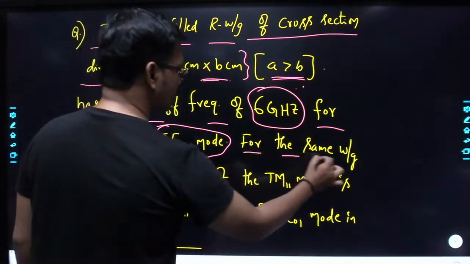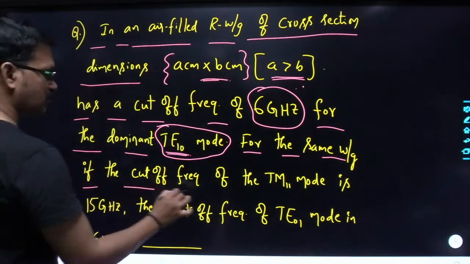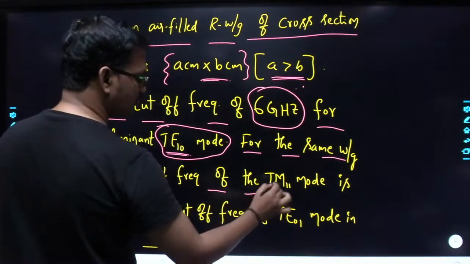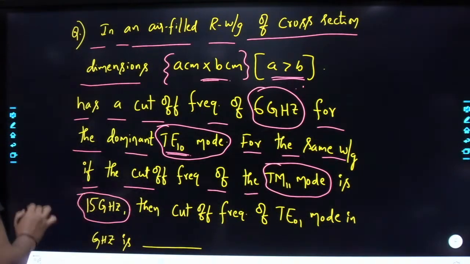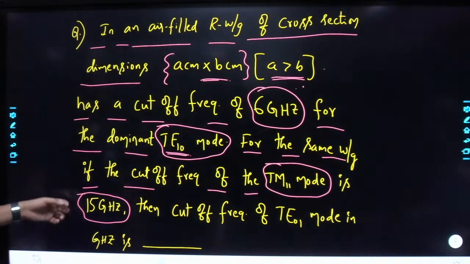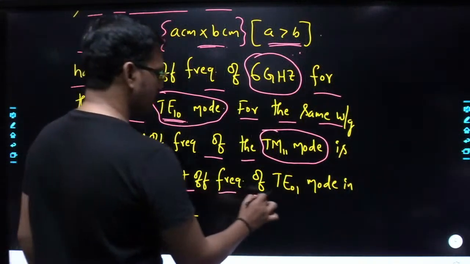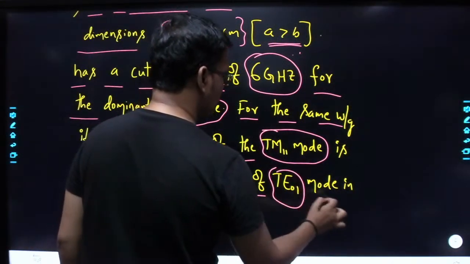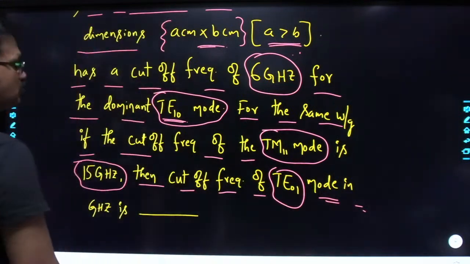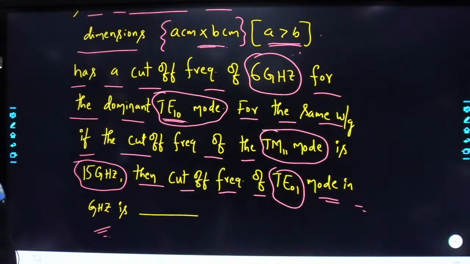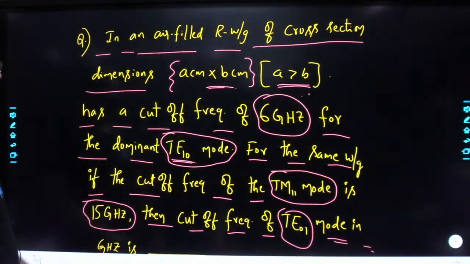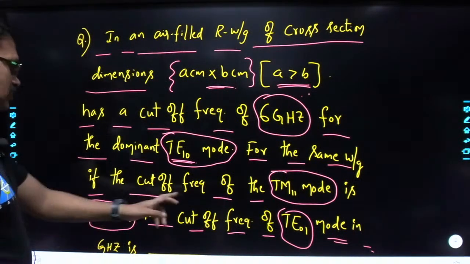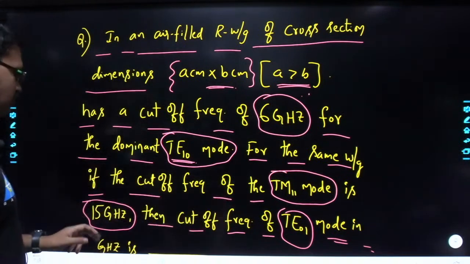So for the same waveguide, if the cutoff frequency of TM11 mode is 15 gigahertz, then what is the cutoff frequency of TE01 mode in gigahertz? Okay, what have they given? They have given the cutoff frequency of TE10 mode, and the cutoff frequency of TM11 mode.